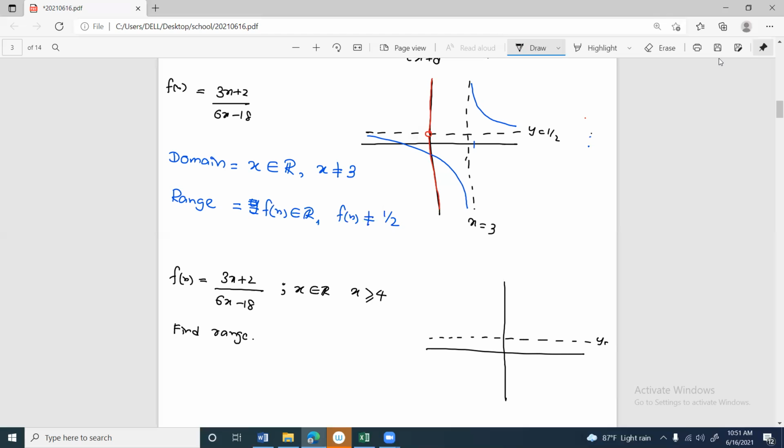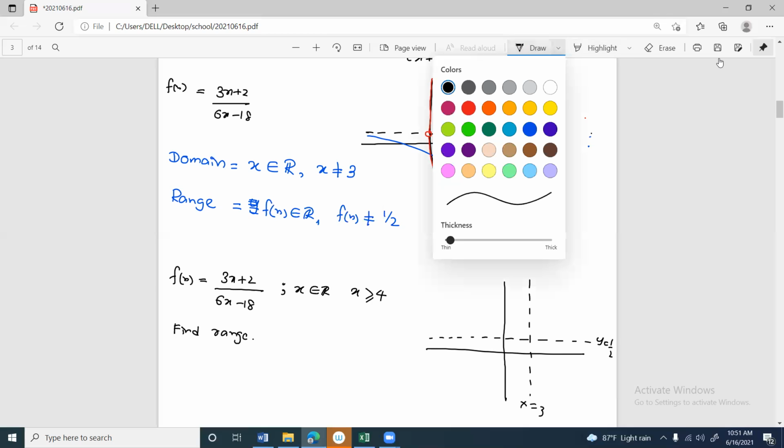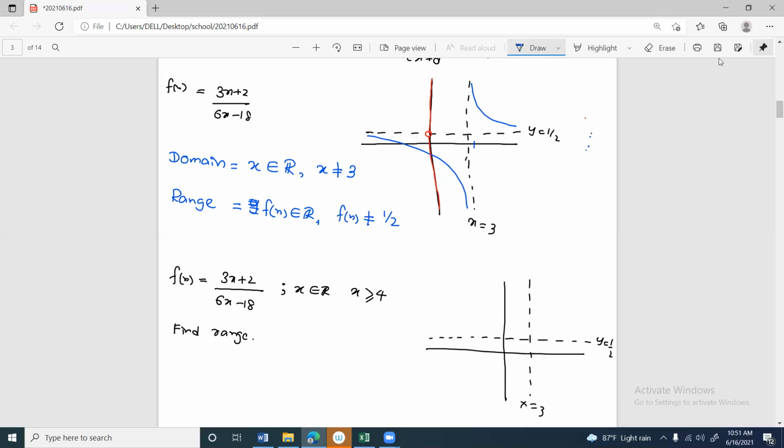y equals half and x equals 3. Therefore, the graph is like this. I just plot the graph. The entire graph is like this way around, but there is something further we need to understand. You know that x exists for values of 4 and more.